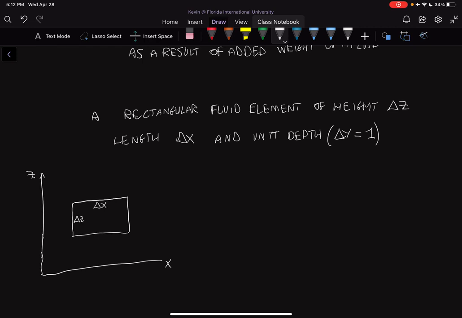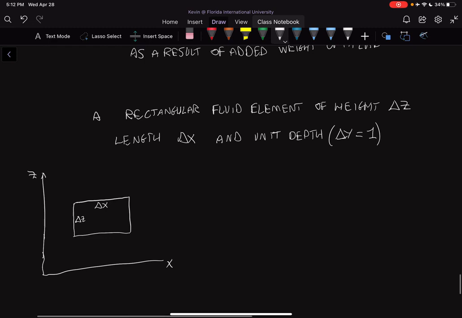It has a width, or length, of delta x, and it has a certain weight. This rectangular element of fluid has a certain weight, and that weight is pulled down by gravity. Okay? And around this box, we have pressure from all four sides from the rest of the fluid.